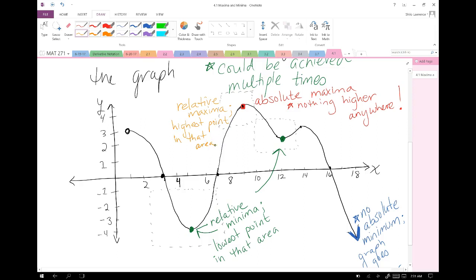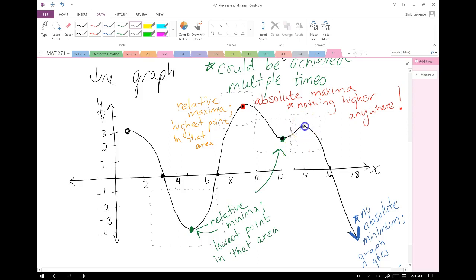And again, we said that our relative maxima look like the top of a hill or a top of a mountain. There is another place on this graph where it looks like we've got the top of a little hill. And if we could just zoom into that area, we would have a highest point. And that's over here.